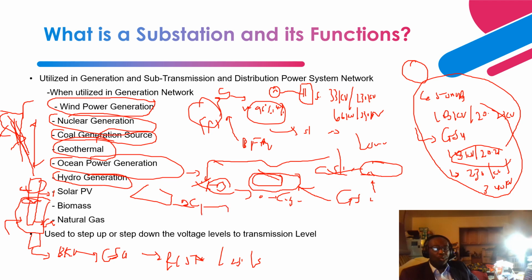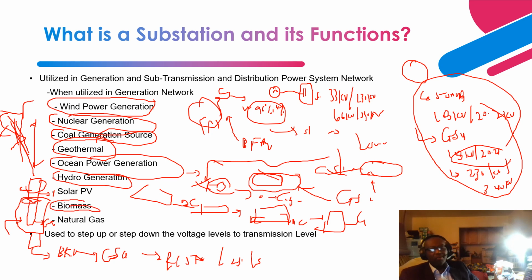Then it goes through a DC to DC converter that steps the voltage up to a higher voltage. Then it goes through an inverter that inverts the DC voltage to an AC voltage before it goes to a collection voltage. From the collection voltage, it goes through a generator step-up transformer that steps the voltage up.